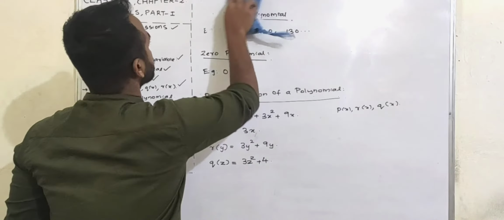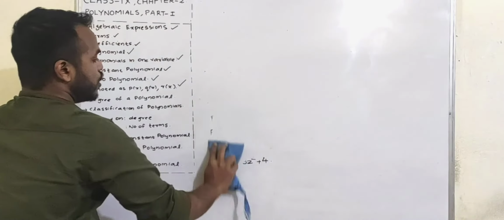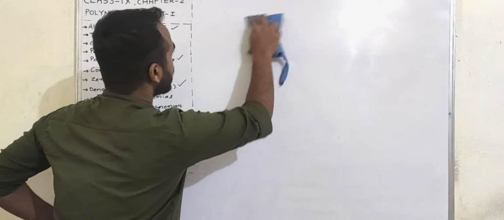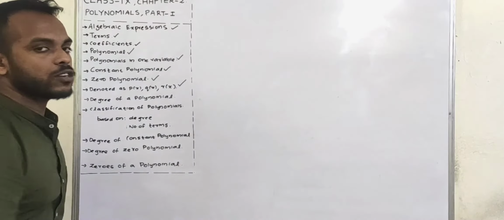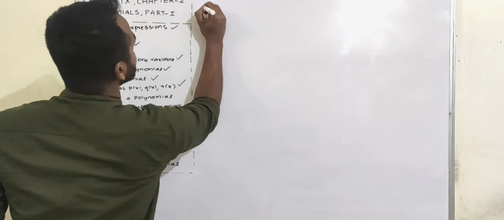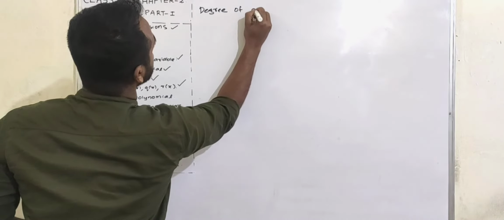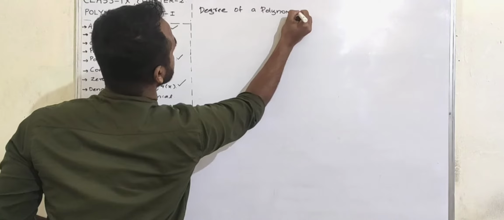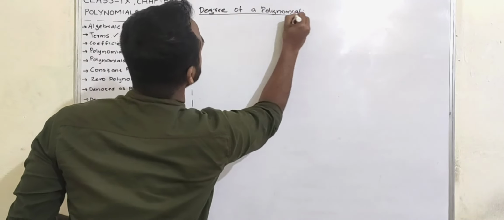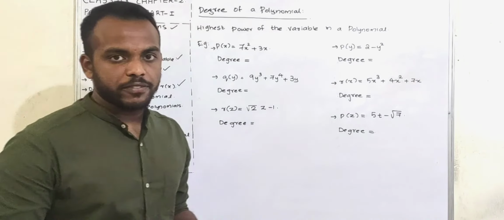This one is a very important part in our chapter, and we will classify the big collection of polynomials into different categories based on this degree. So this is an important part. Listen very carefully. Degree of a polynomial. Let's see what the definition says.